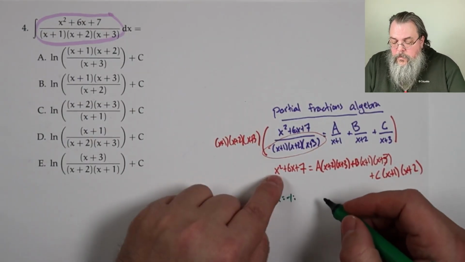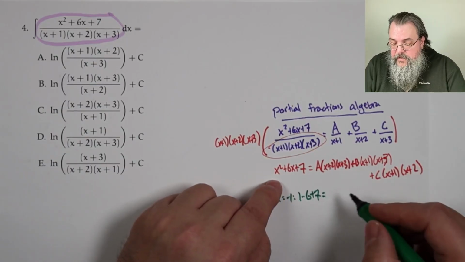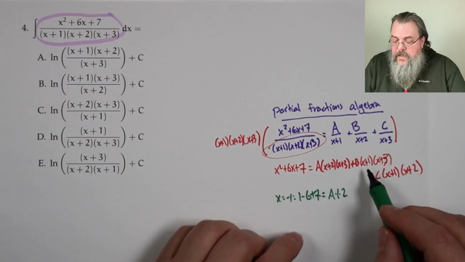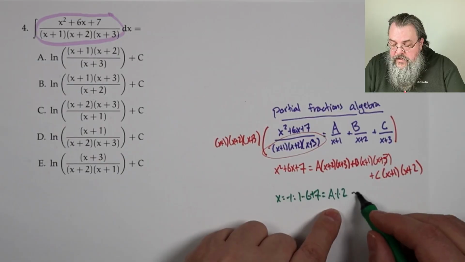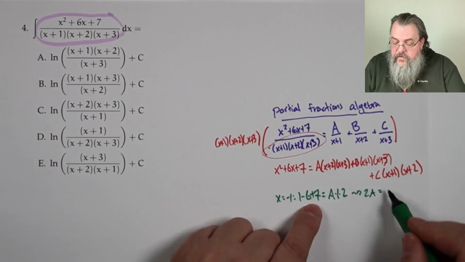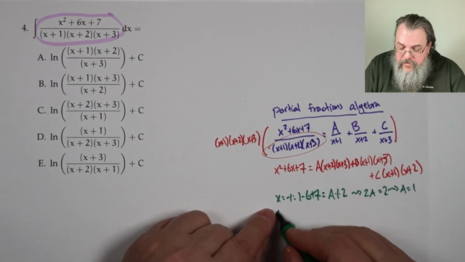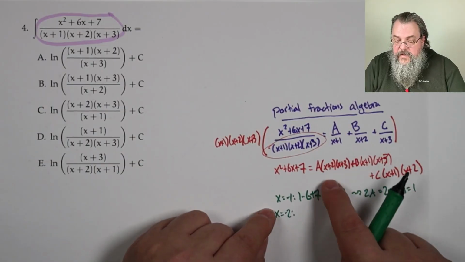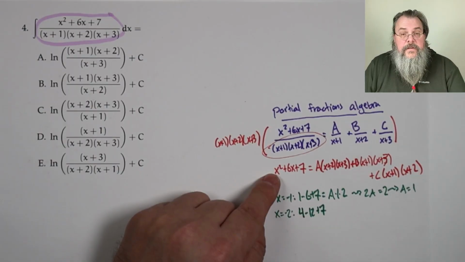Okay. 1 minus 6 plus 7 equals, here we have A times 1 times 2, and then B times 0, C times 0. Well, that tells us that 2A is equal to 8 minus 6, which is 2. That says A is 1. All right, how about x equals negative 2? Because that makes the x plus 2 zero. That gives us 4 minus 12 plus 7.